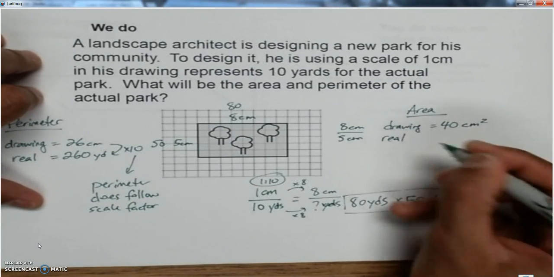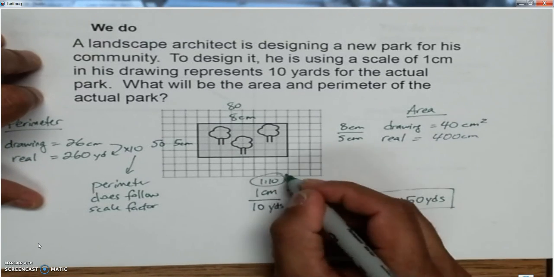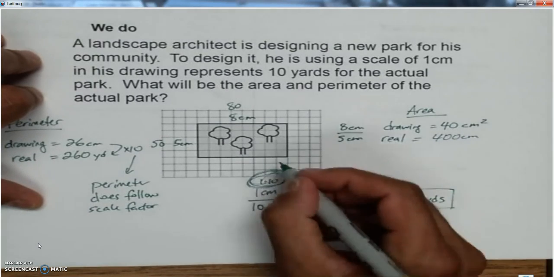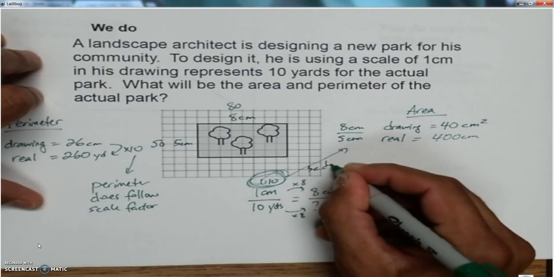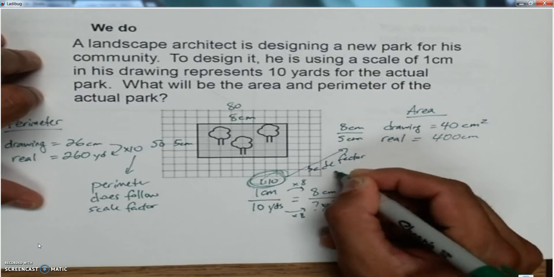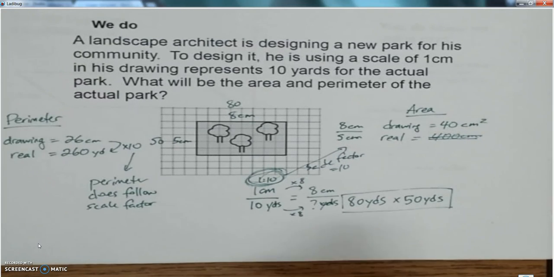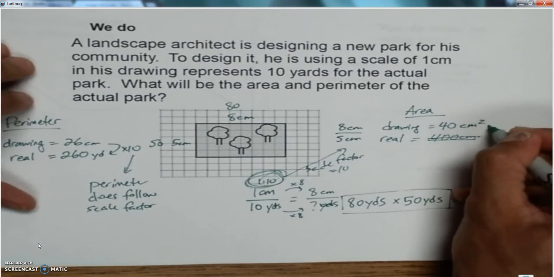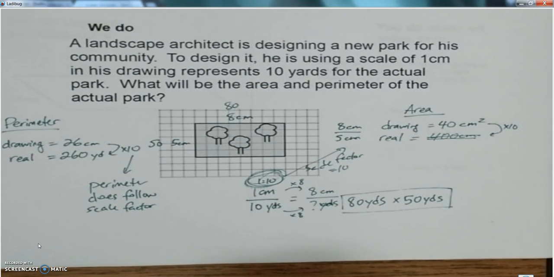And if we followed the scale factor, we'd say, oh, well, then the real one's going to be 400, because there's a scale factor of 10, right? That's what we would expect to see. Scale factor is 10. But that's actually not what we're going to see. It's not going to be 400. I actually want you to write 400 there because I want you to remember that that's not it. The area is going to change by quite a bit more.